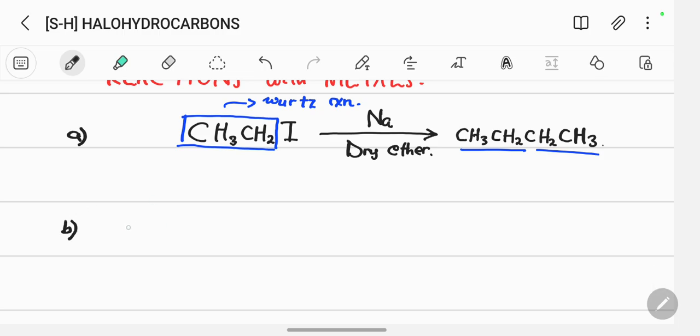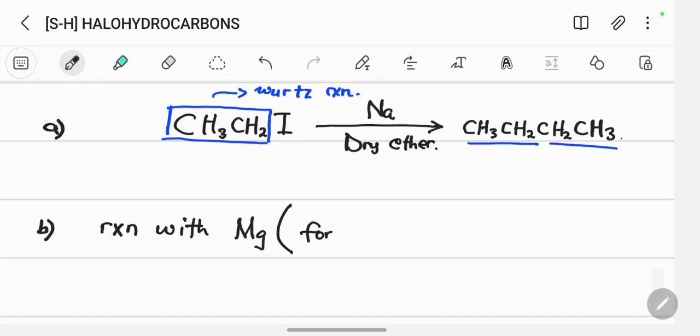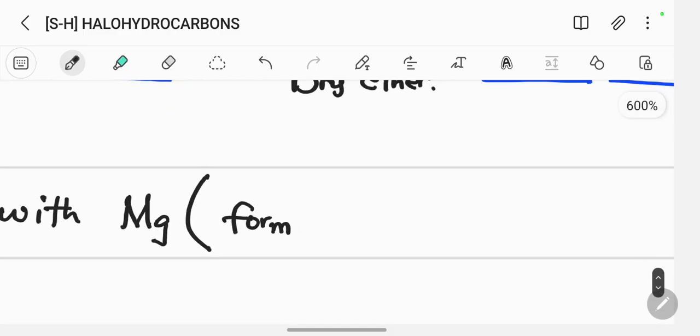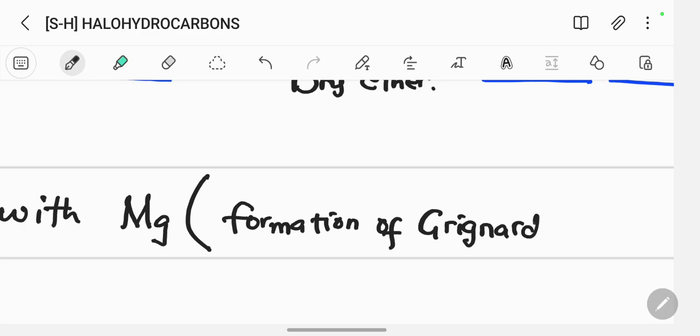So, reaction with magnesium. You can call it formation of Grignard reagents.